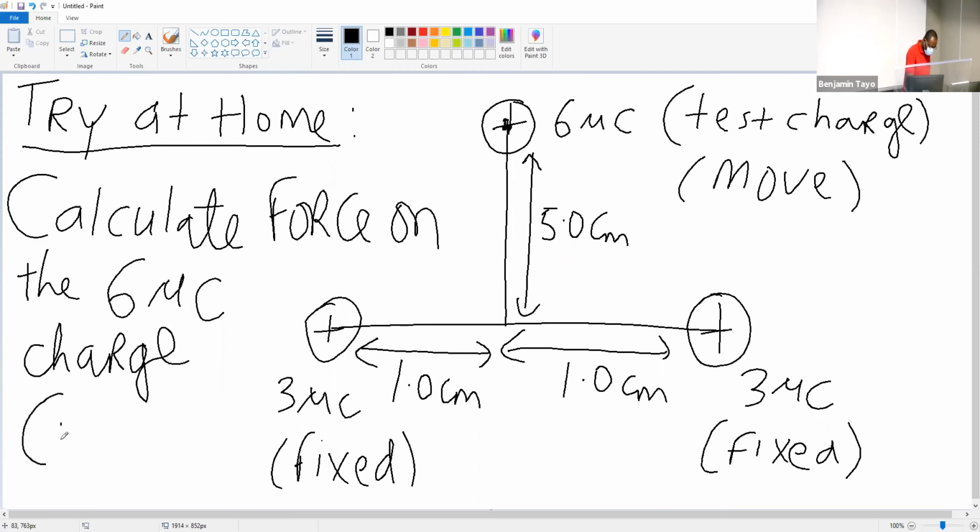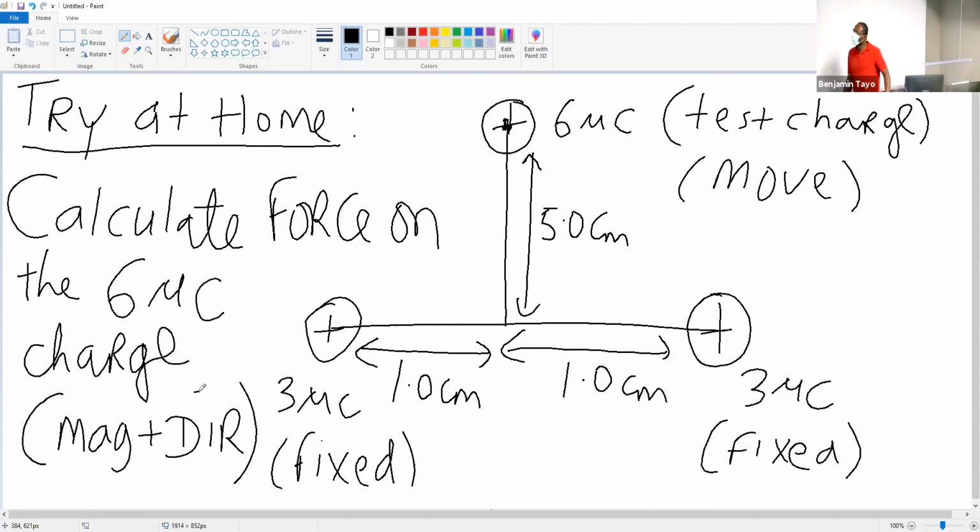And I want to see the force, both the magnitude and the direction. So look at that example very carefully.